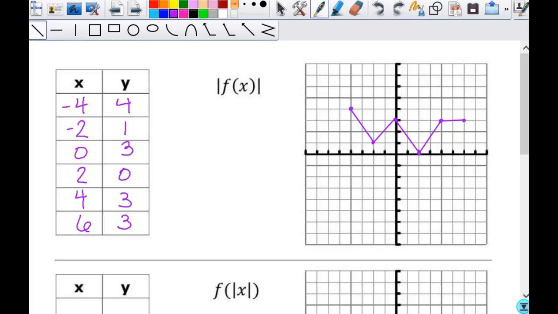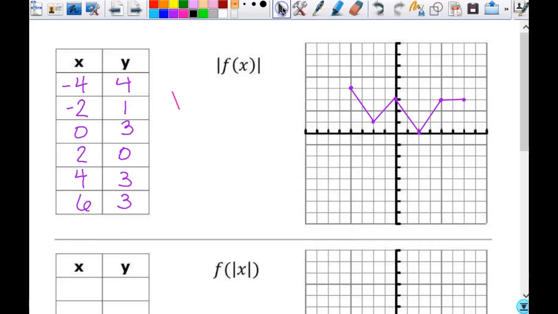So in this case here, since we've got the absolute value of f of x, which is the absolute value of y, that means you cannot have any negative y's at all. So if it was already positive, it stays positive. If it was negative, then it gets reflected in the x-axis. Does that make sense? So it's only a partial reflection. Good. So this is what we call the absolute value of y.